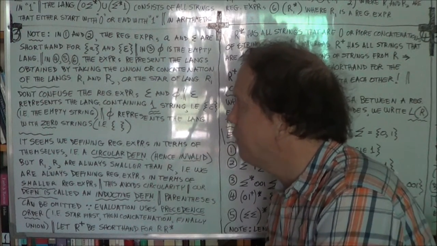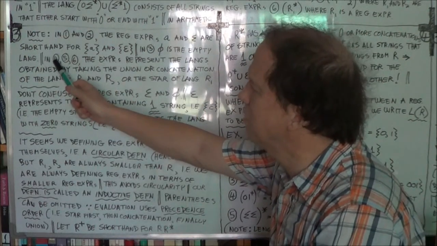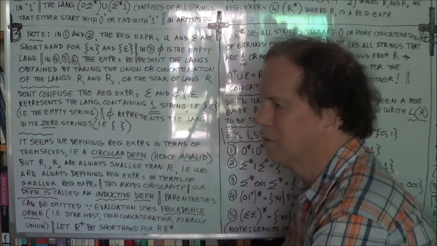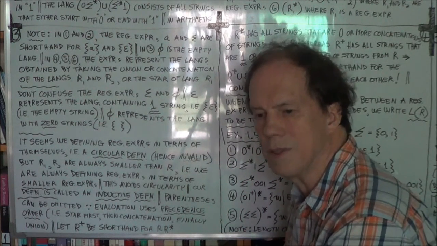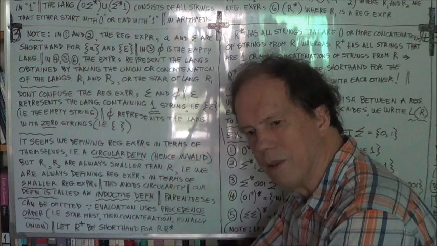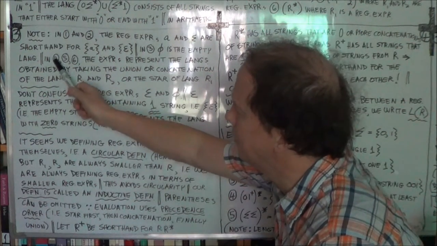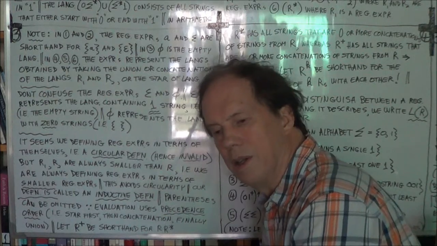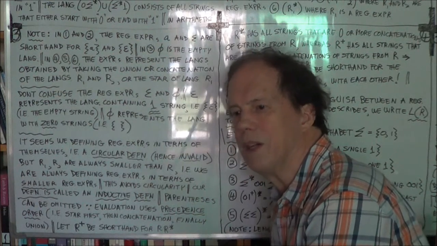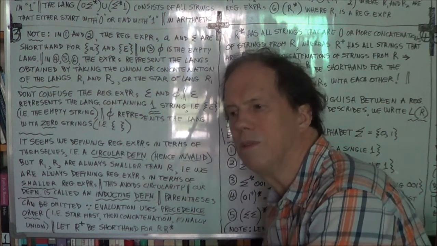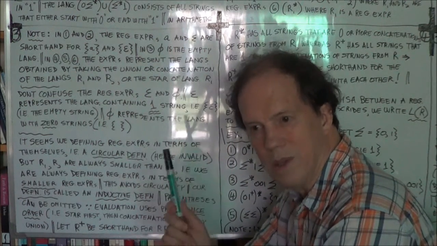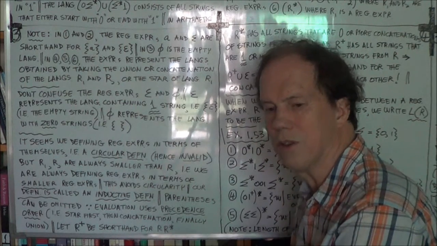Okay, now in the 4th, 5th and 6th, this was the union, it was R1 union R2. Now R1 and R2, they're regular expressions, but you can also look on them as languages, the languages described by the regular expression. So R1 union R2, that's a regular expression, and it describes the language that you get by unioning the language that R1 describes with the language that R2 describes.